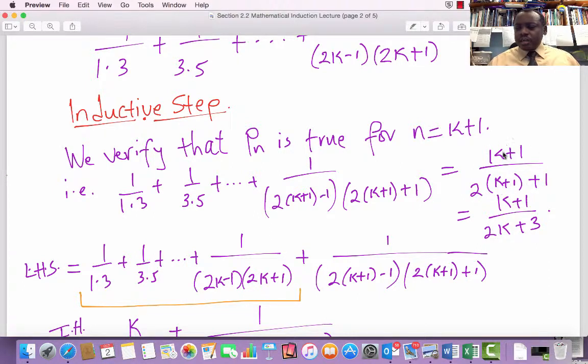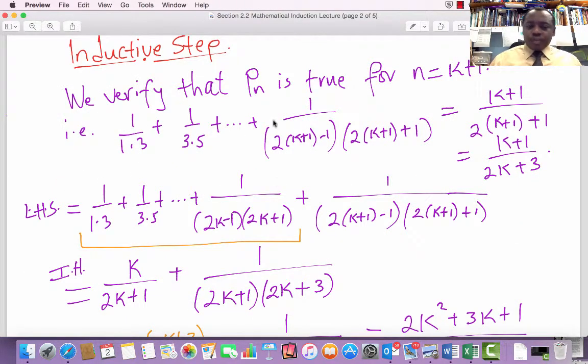The numerator stays as k plus 1, and the denominator, you can expand this out. It gives us 2k plus 3. So to verify that the statement is true for n equals k plus 1, we have to verify that the left-hand side equals k plus 1 divided by 2k plus 3.